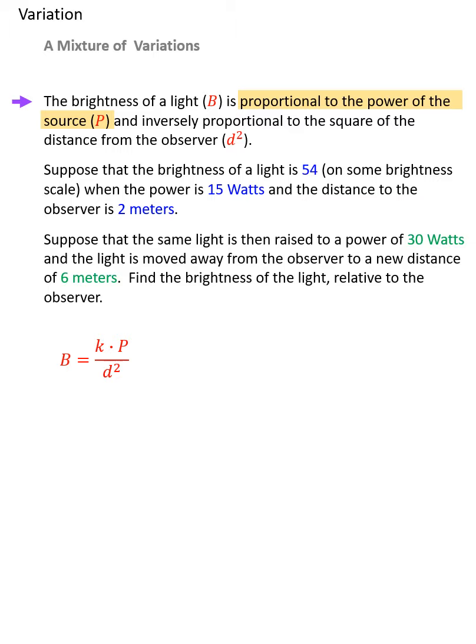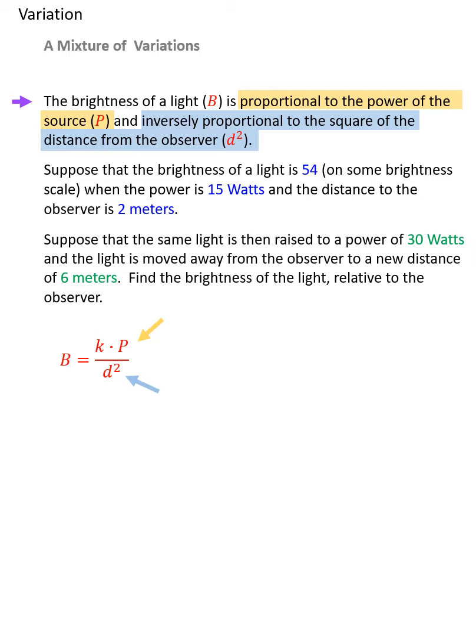Because the brightness of the light is directly proportional to the power source, then the power variable goes in the numerator. And that's where we put our quantities for which there's a direct relation. And because the brightness is inversely proportional to the square of the distance, d squared, then d squared goes into the denominator.